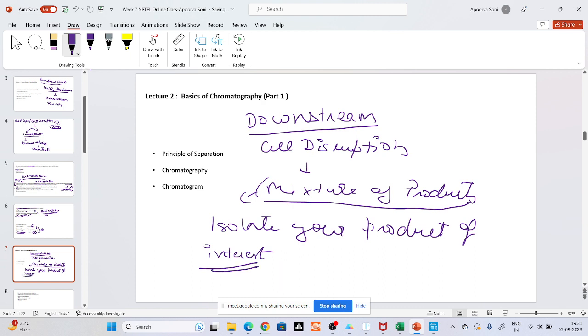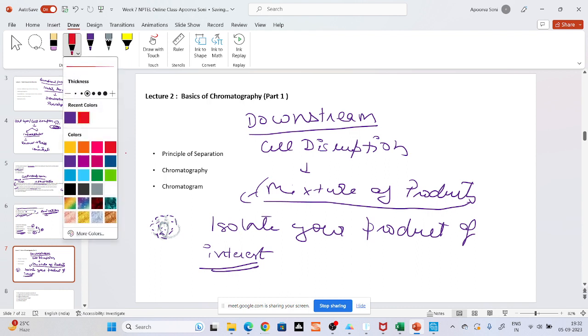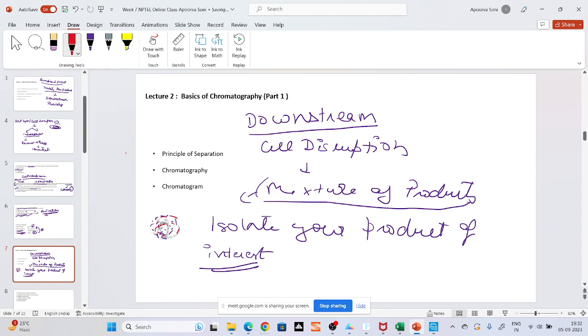Okay, that means amongst the mixture, you have so many other different things, and you have to separate your desired product.